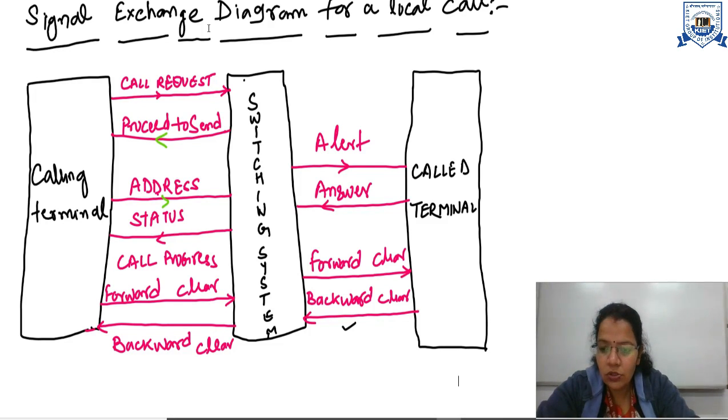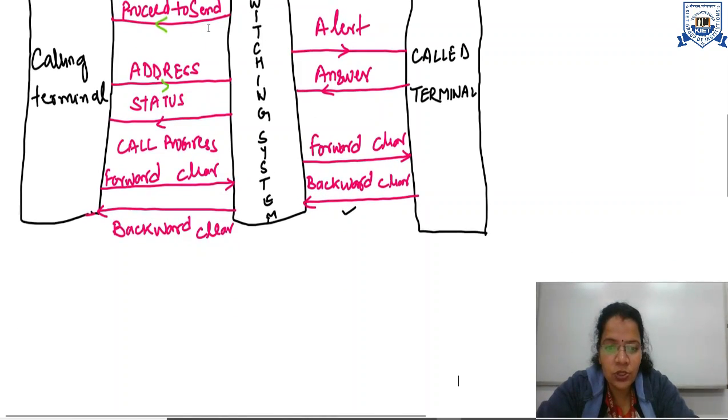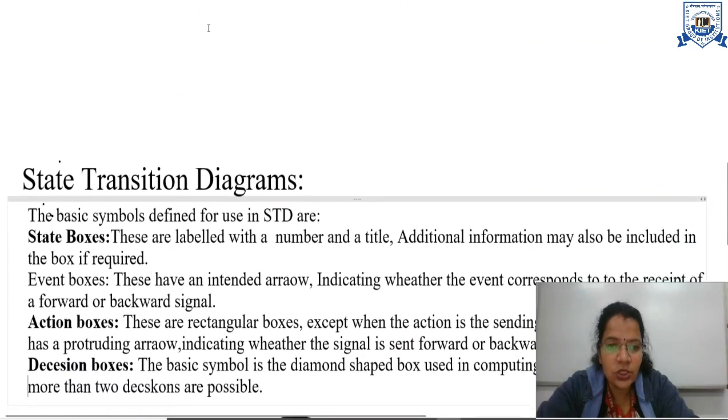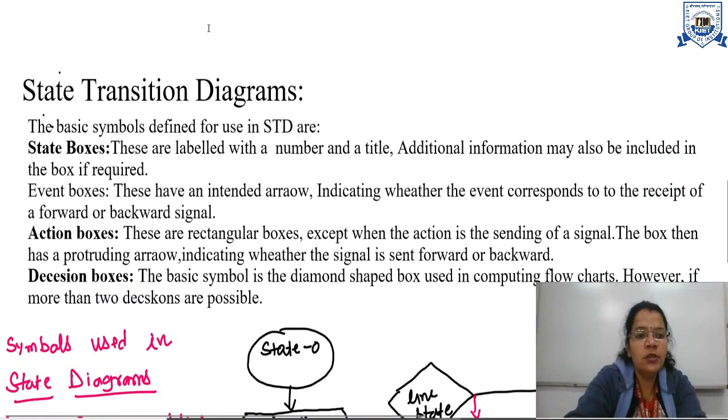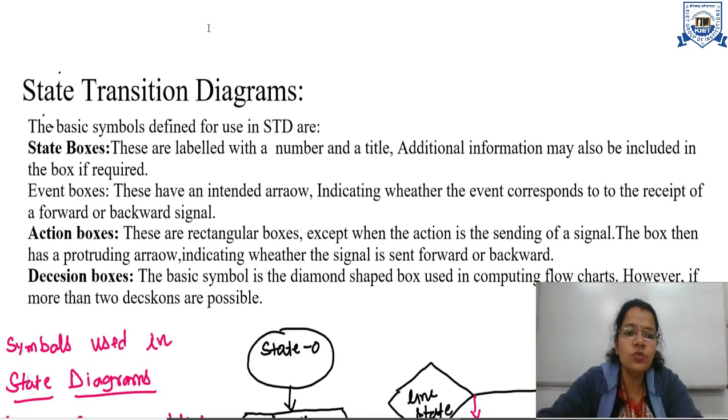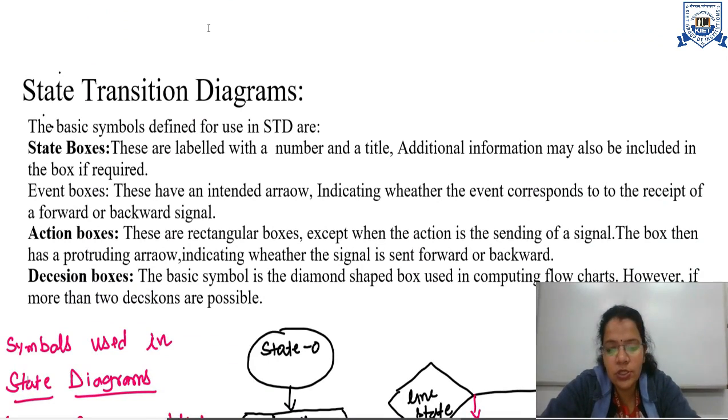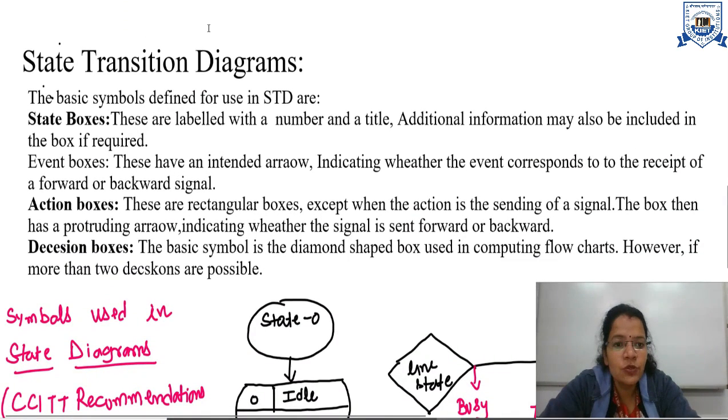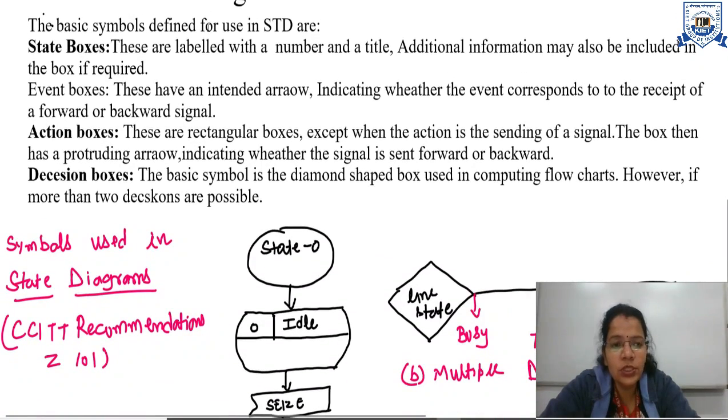Okay, so now I am going to discuss the state transition diagram. In state transition diagrams, there are three basic symbols we use: state boxes, action boxes, and decision boxes. The state boxes are labeled with a number and a title. Additional information may also be included in the box if required.